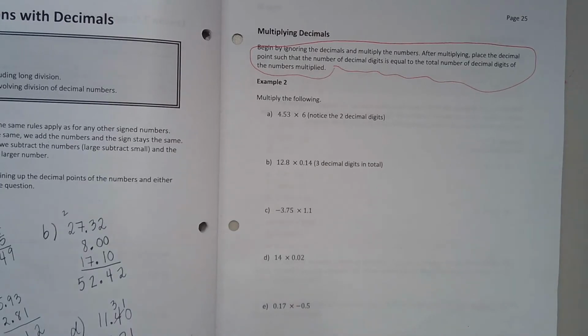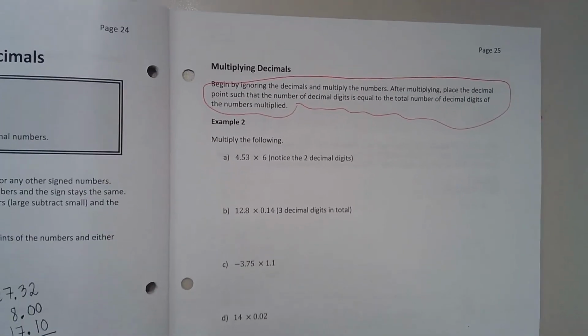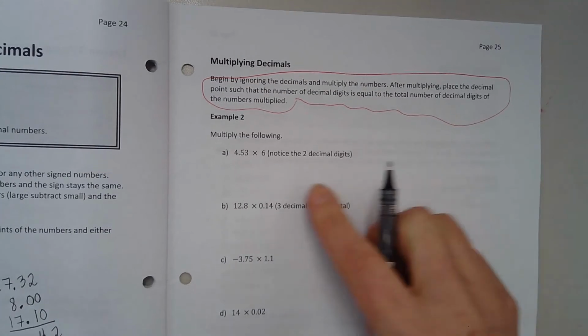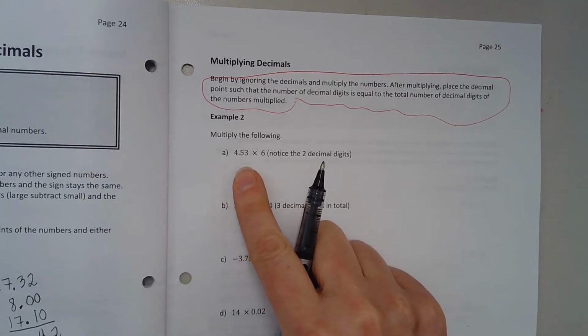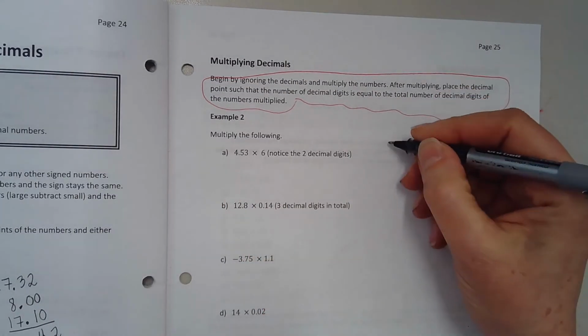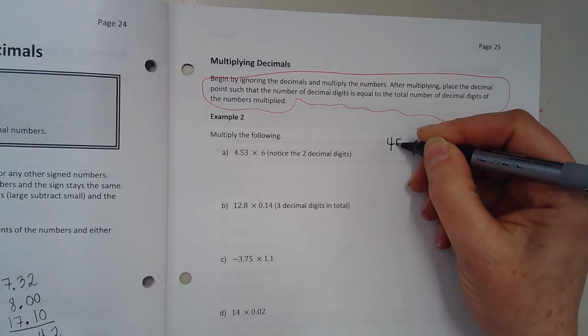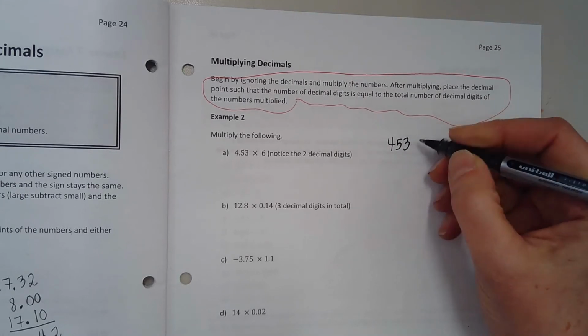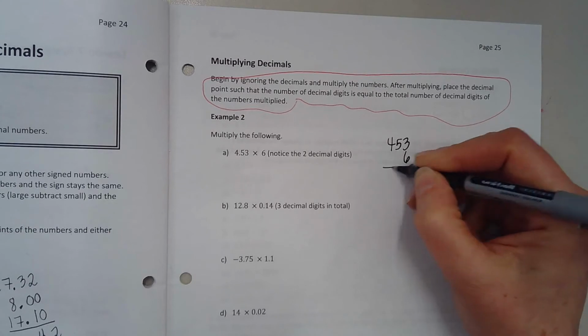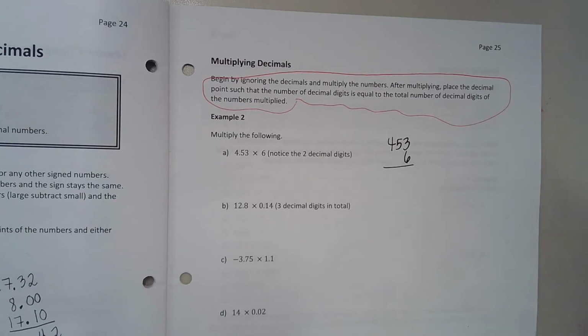This is also a bit of practice to remember how to do long multiplication without the use of a calculator. So I've got 4.53 times 6. They say ignore the decimals right away. So this is what they mean: 453 times 6. How many people remember how to do this?